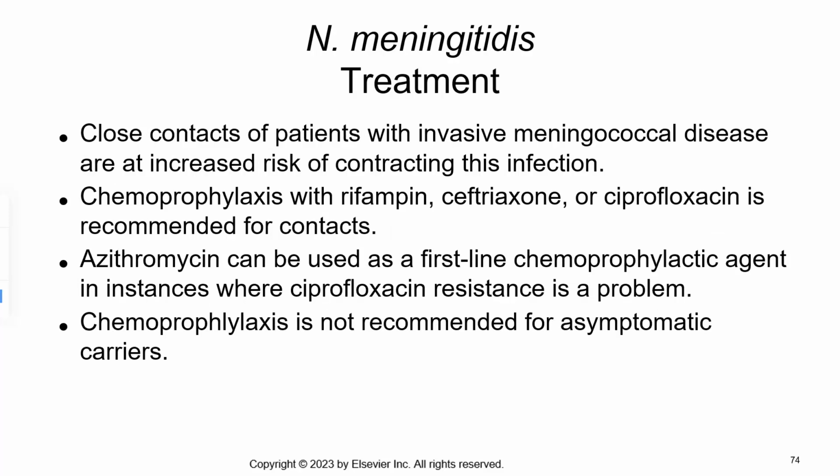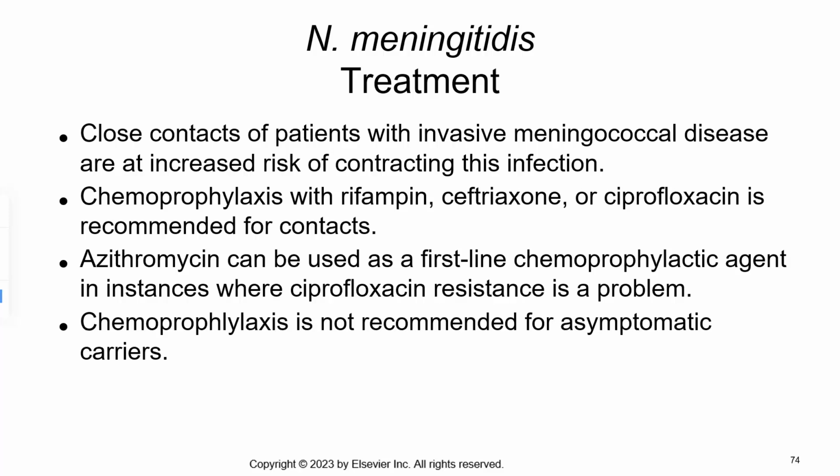Close contacts of patients with invasive meningococcal disease are at increased risk of contracting this infection. Chemoprophylaxis with rifampin, ceftriaxone, or ciprofloxacin is recommended for contacts. Prophylaxis refers to the steps you would take to prevent infection after exposure.